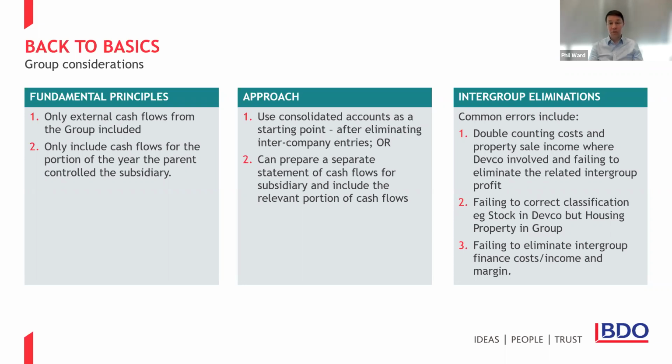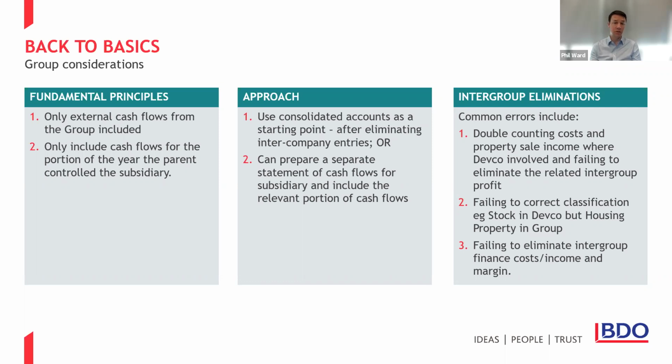In terms of common errors that we see on group cash flows and on consolidation generally, there is double counting of costs and property sale income where a devco is involved, and failing to eliminate the related intergroup profit. Similarly, with devcos, failing to get the correct classification.